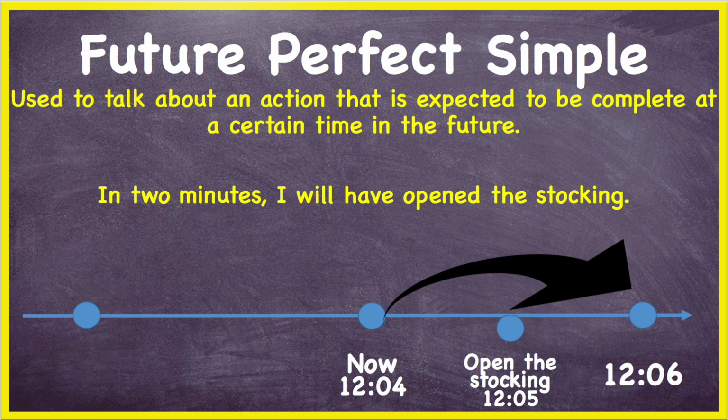Because now it's 12:04, I am opening the stocking at 12:05 for about 1 minute. It'll take me about 1 minute or maybe 1.5 minutes. But at 12:06, I will have opened, right? I will have finished this task of opening the stocking. So at 12:06, I will have opened the stocking.